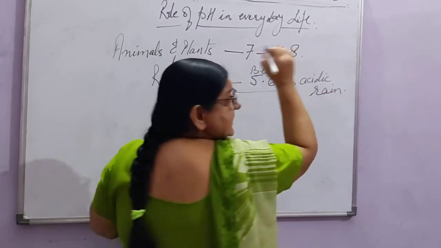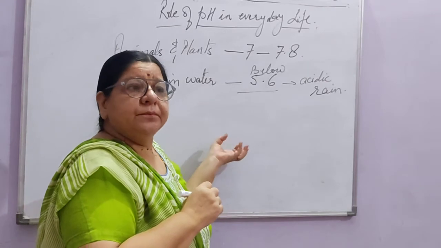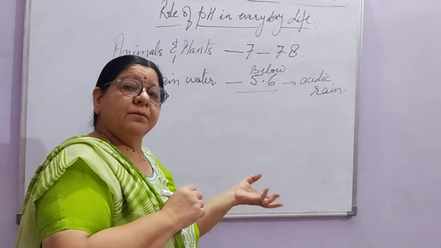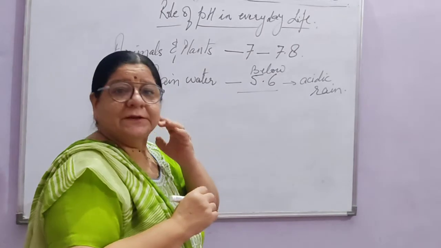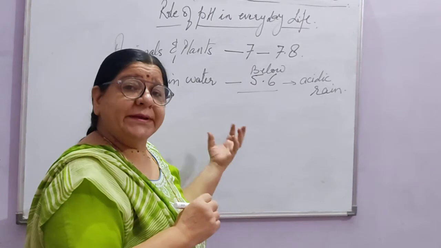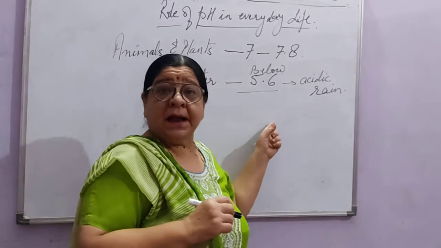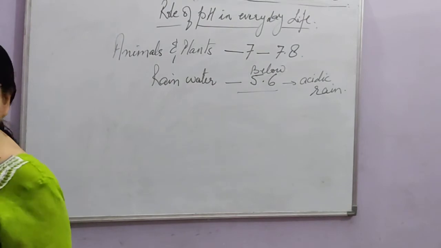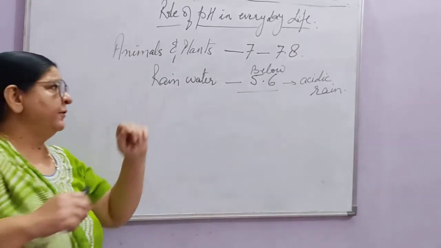When this acidic rain falls in water bodies, if it is more in quantity, it will turn the water body in which it is falling acidic in nature, and that may even kill the aquatic life. It will disturb the aquatic plants as well as the aquatic animals. The fish may even die in this acidic range.